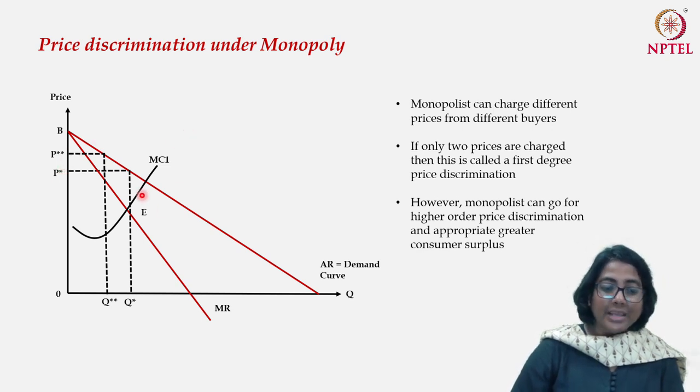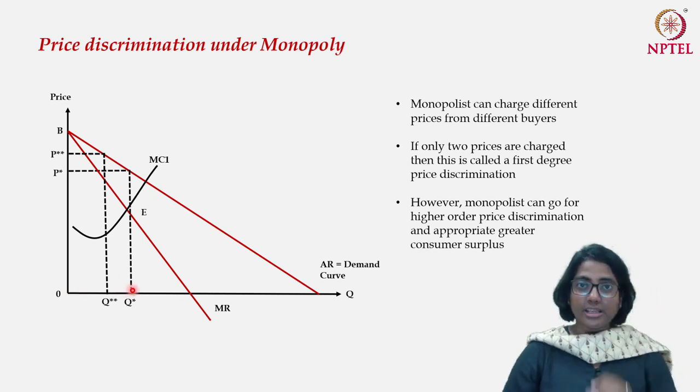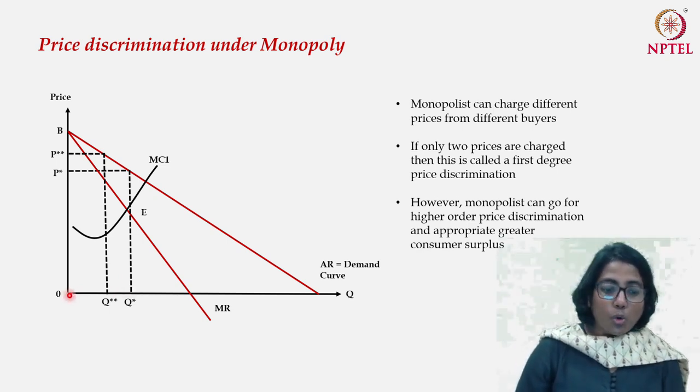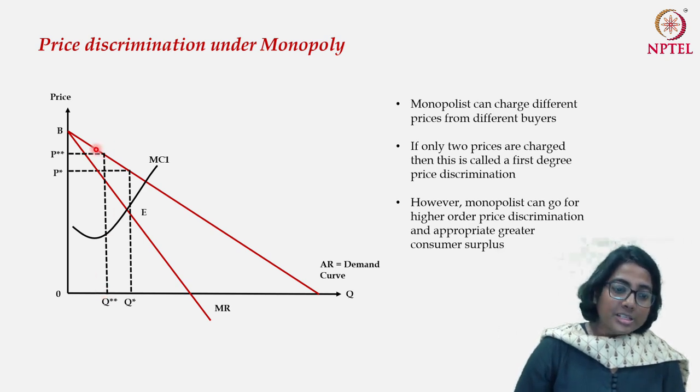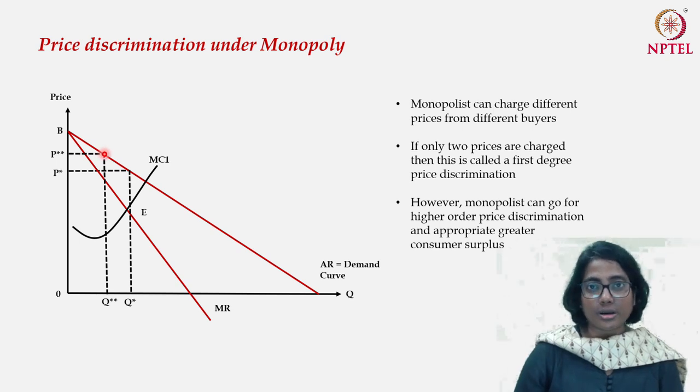It's actually dividing the entire output that it is supplying in the market into two parts. OQ double star amount of output will be supplied in the market at the price P double star. All these people who are willing to pay more than P double star will buy this OQ double star amount of product.